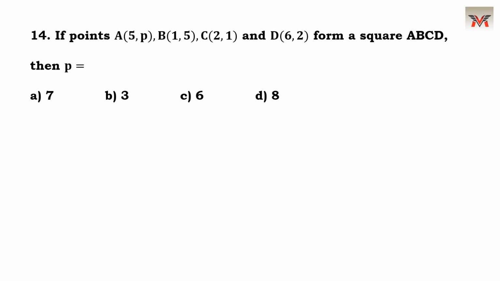If points A(5, P), B(1, 5), C(2, 1) and D(6, 2) form the square ABCD, then the point P is. Observe that we have four vertices and they have asked for one unknown P here. So how can we consider the situation, or how can we continue with this problem?